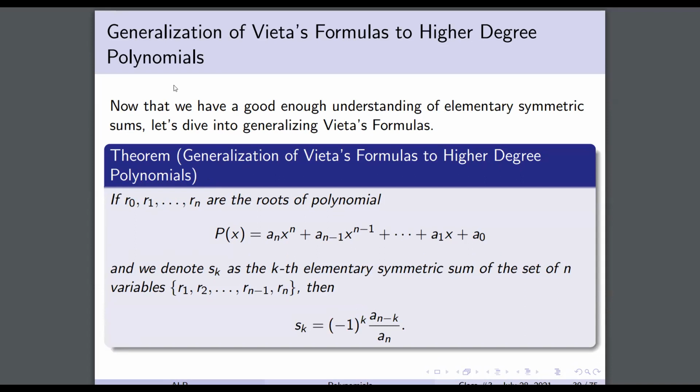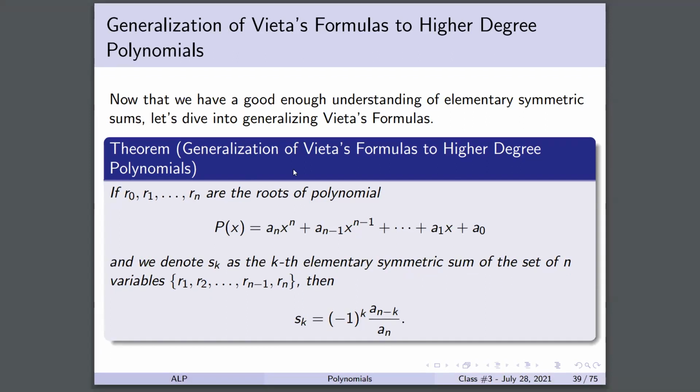Now, I'll give you a moment to just read these theorems. So now that you have some time to read it, let's go over it.